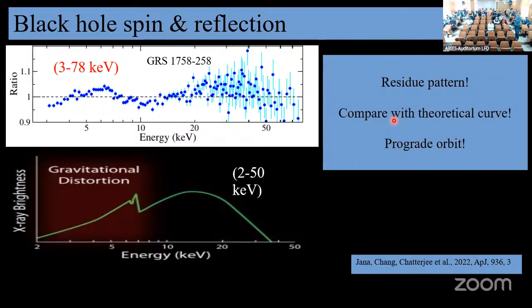If it's wind fed, it's coming from all over space. You can get retrograde orbit, prograde orbit, whatever. Nobody knows. So that could happen. But prograde orbits are much more likely, because from the L1 point you get most of the accreting outbursts or persistent sources.